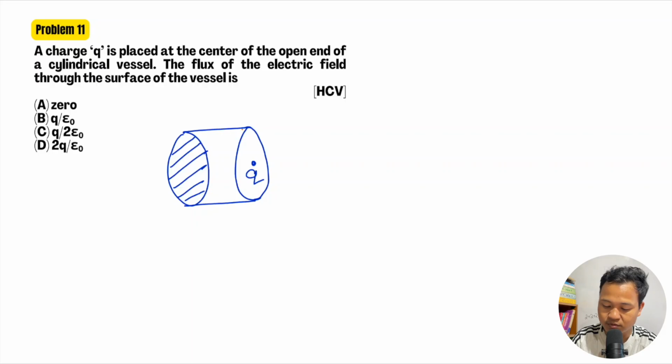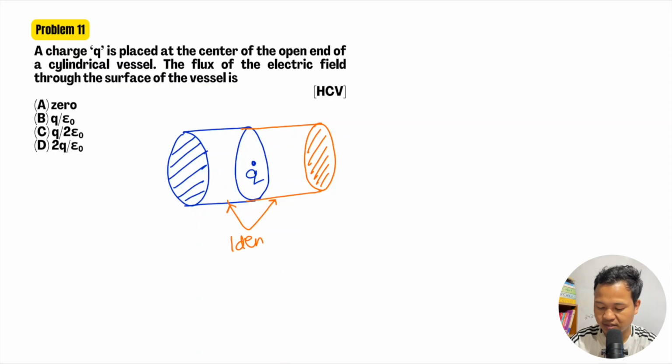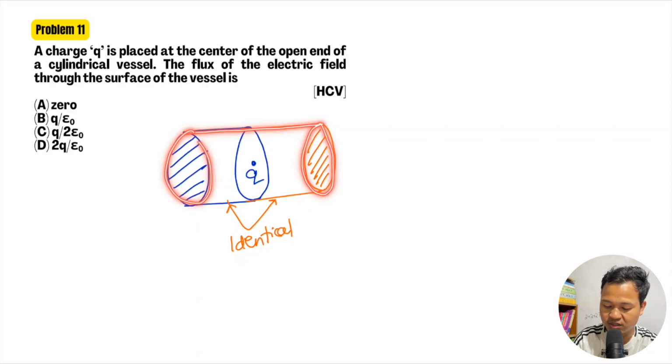So now you take another cylinder, the same cylinder, and produce it on this side. You see these two are identical. Overall you have one closed cylinder, one closed surface, and one enclosed charge.